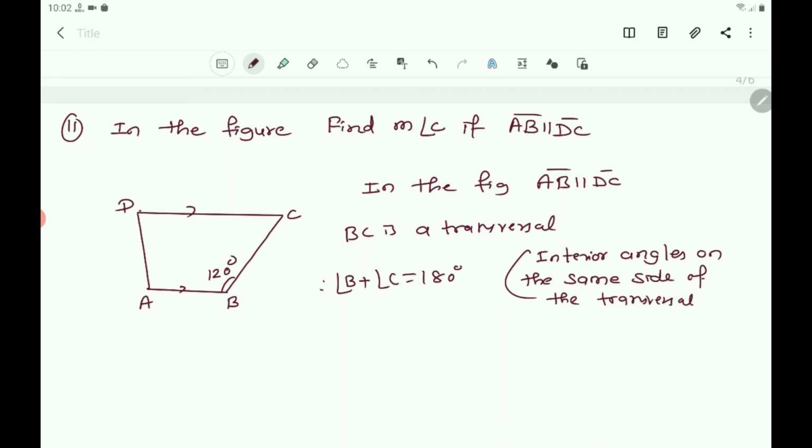That you have learnt in the previous classes. So we can write angle B, that is given 120 degrees, plus angle C is equal to 180 degrees. Angle C is equal to 180 degrees minus 120 degrees. So angle C is equal to 60 degrees.